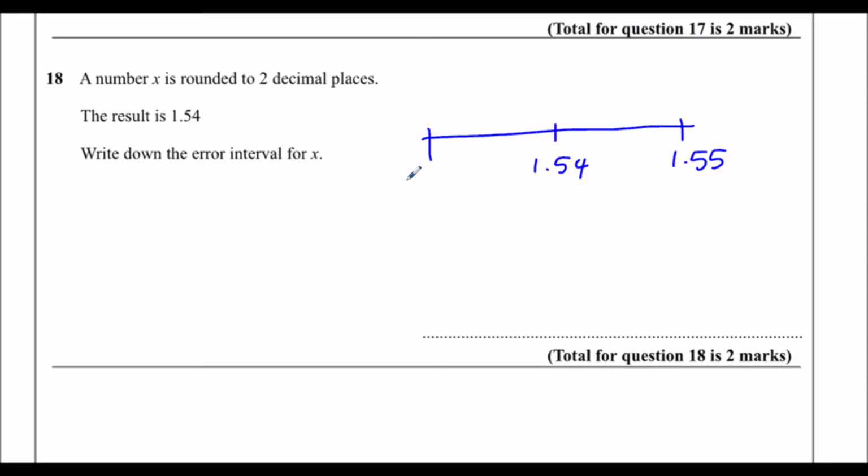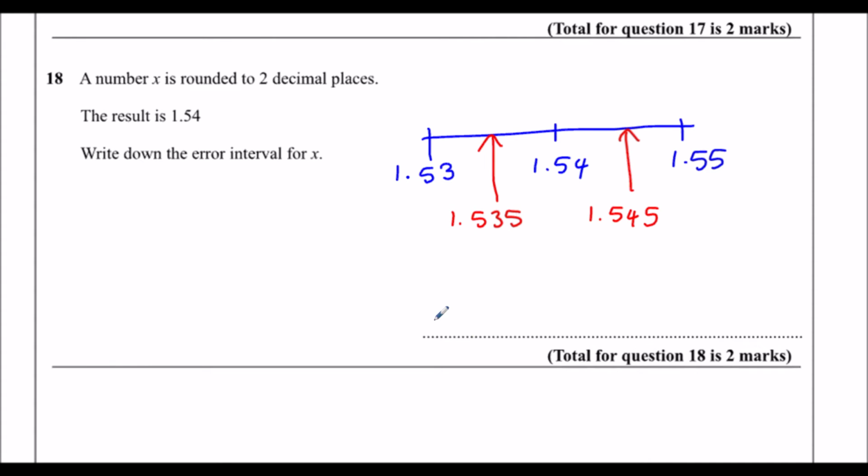The one below, 1.53. And we're looking for the halfway points in here. So halfway between 1.53 and 1.54 is 1.535. And halfway between 1.54 and 1.55 is 1.545.